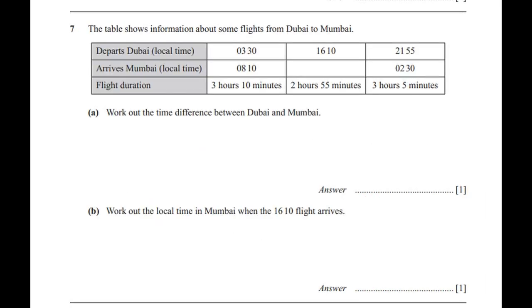Part A, work out the time difference between Dubai and Mumbai. So the local time in Dubai is 03:30 when the flight takes off, and the flight duration is 3 hours 10 minutes. So let's add 3 hours 10 minutes to 3:30. We get 6:40, right?